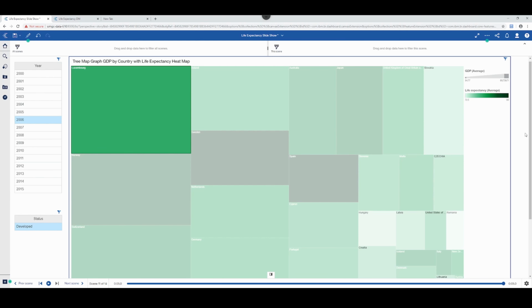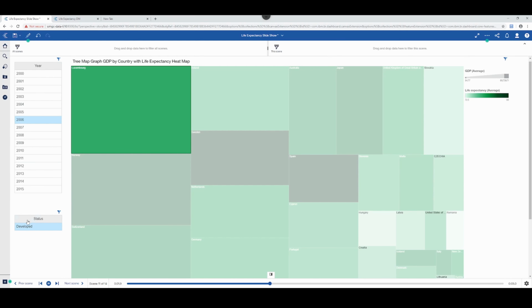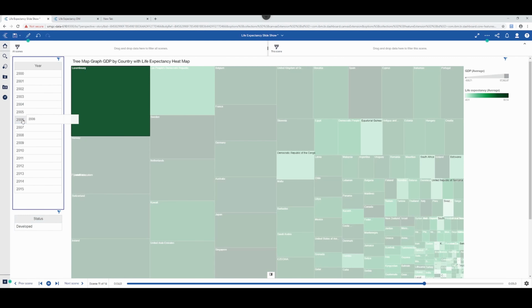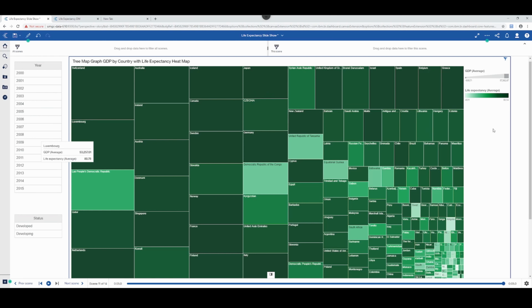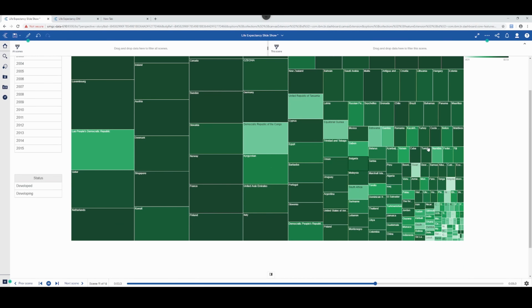We can remove these filters and have all the countries here. So we can see definitely the higher the GDP, the higher the life expectancy for a country. If we look down here, we can see that the countries with smaller GDPs have the lowest life expectancies. And again, we can filter this by developing countries or developed countries.